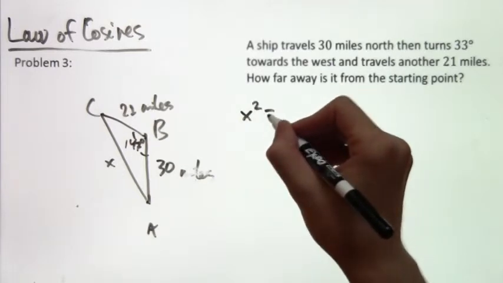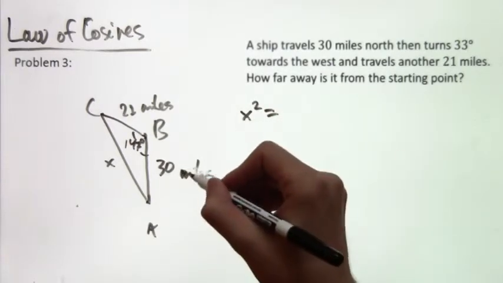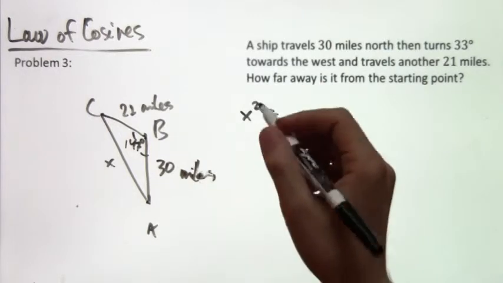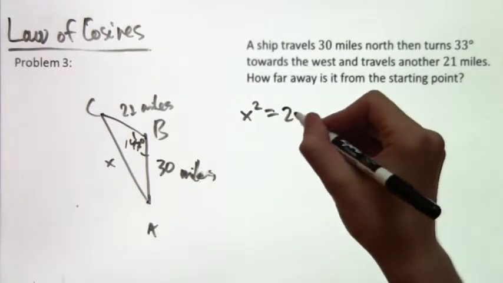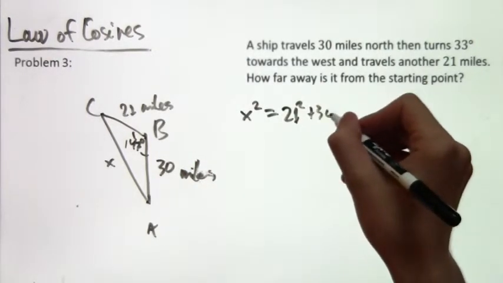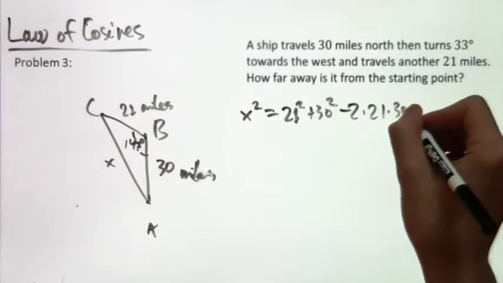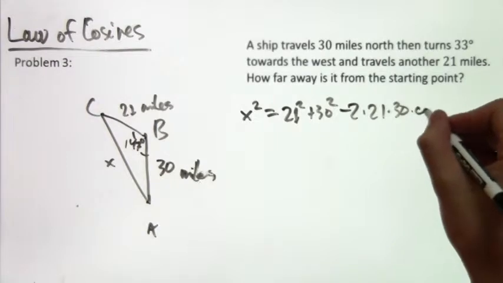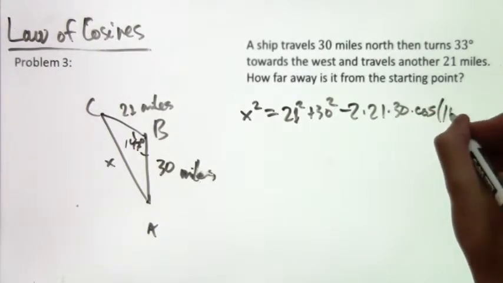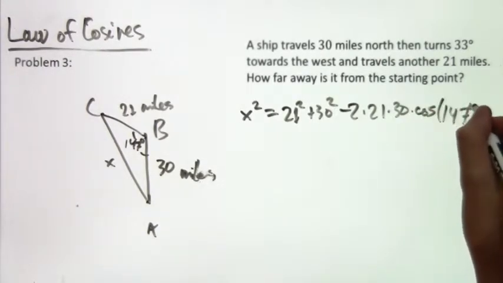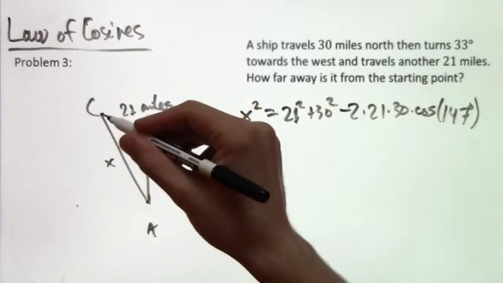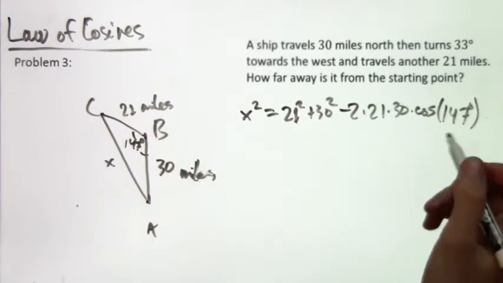And the law of cosines tells us that x squared is equal to, and for now in the equations I'm going to omit miles and other units, and we're going to just attach them at the end because it's really repetitive to write down. So by the law of cosines we have 21 squared plus 30 squared minus 2 times 21 times 30, and the angle between them, as we found out, is 147 degrees. So it's the cosine of 147 degrees.